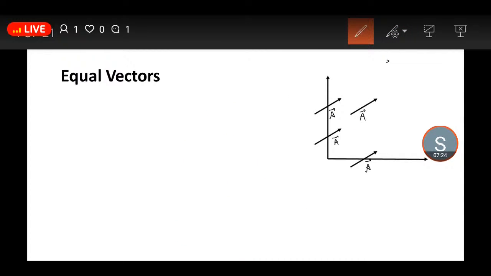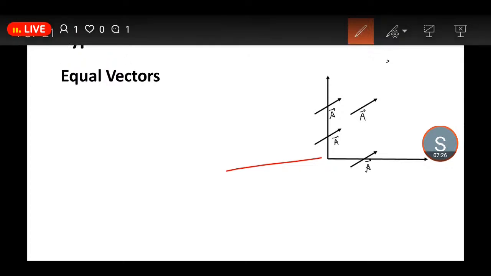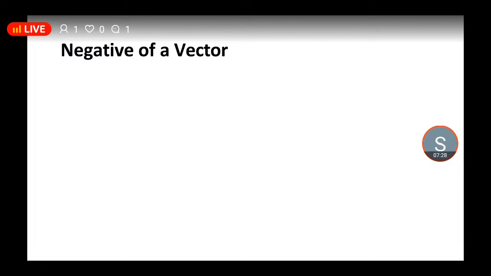And negative vectors. Vectors whose magnitudes are equal but whose directions are opposite are called negative vectors. How do we know this?